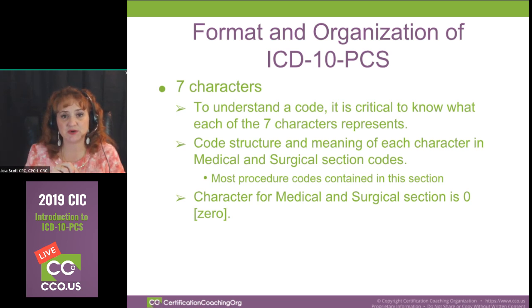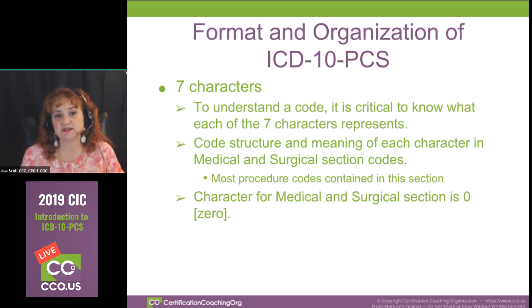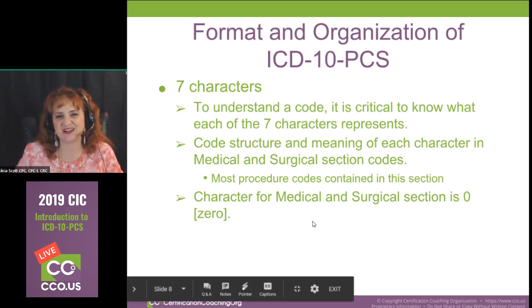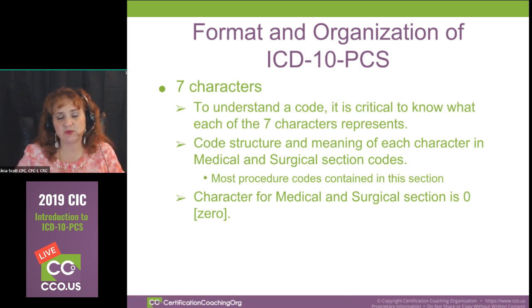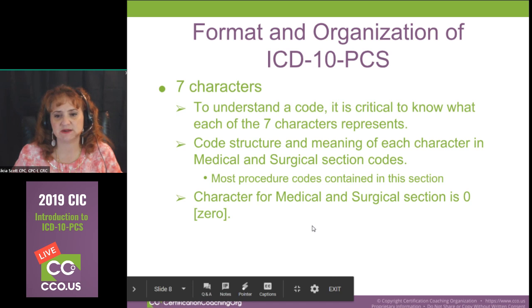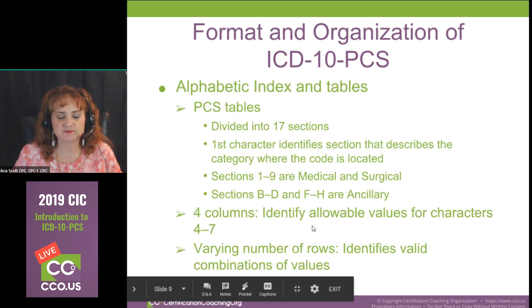If you have obstetric codes, they're going to be the letter O, and then you could have an O after that, and it's easier for the eye to distinguish that. But it's even more so, you want to distinguish the number 0 versus the letter O in PCS. Of course, your fonts sometimes will be a little different, but not only are we working with accuracy, but we have to think about our speed too. And it just makes us go faster for our brains to separate an O and a 0.